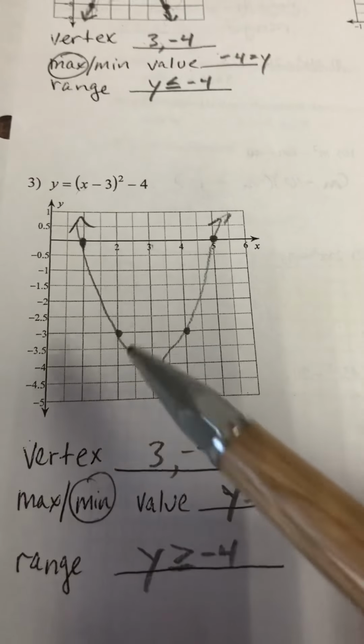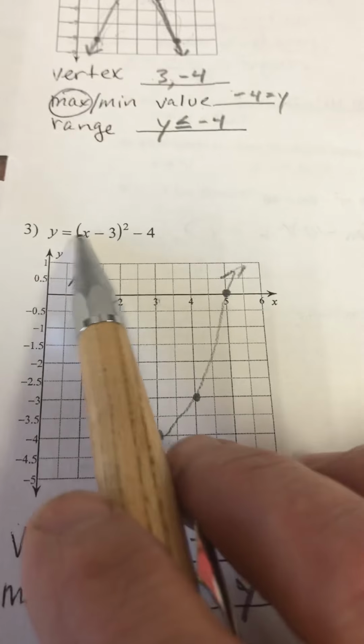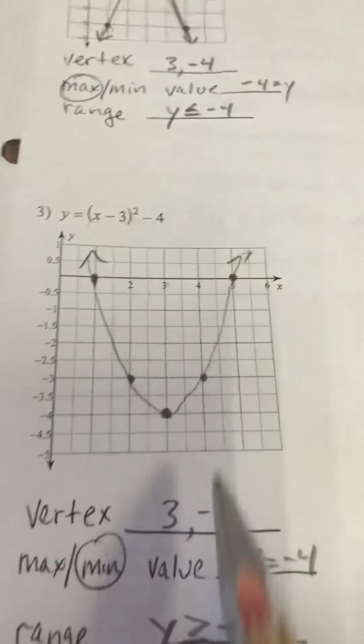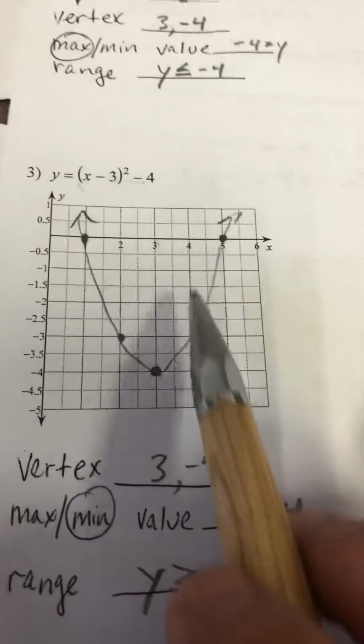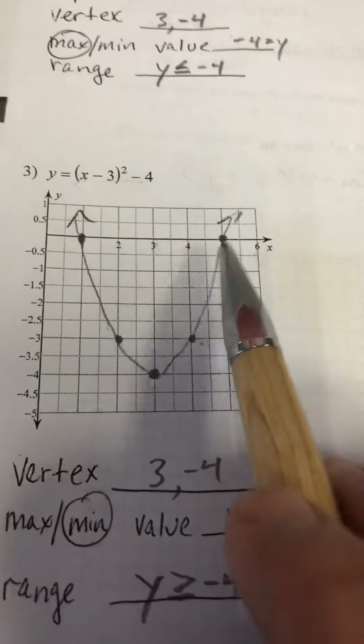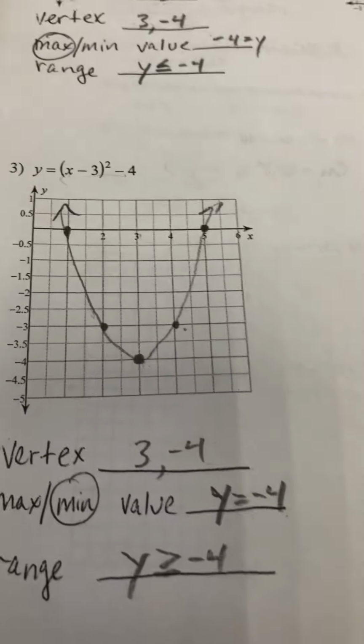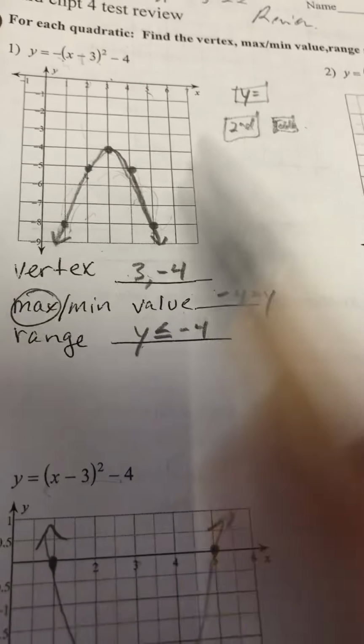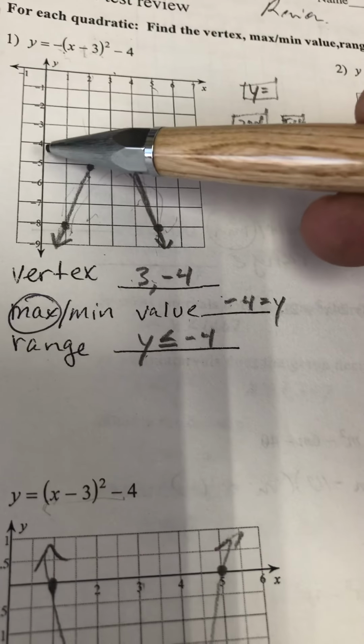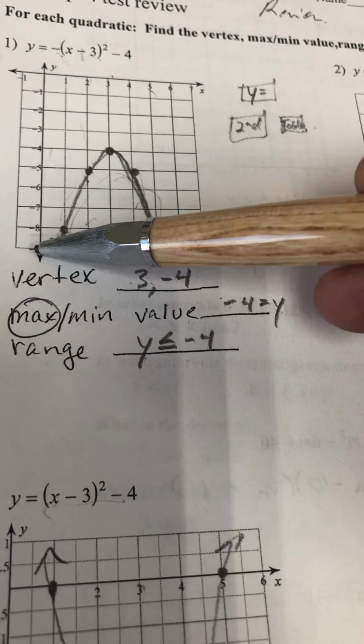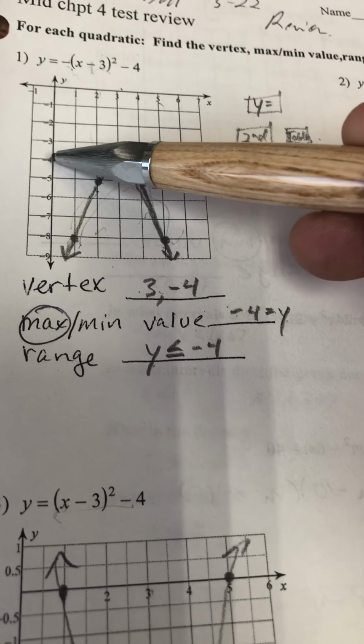And so you do the same thing. You just go in, plug this in, find the vertex 3, negative 4, grab a couple before, a couple after. It's going to tell you where to plot those points. Now, as far as the range, I'm sorry, I did not explain the range. Our y values, everything less than negative 4. It could equal negative 4, and everything less.